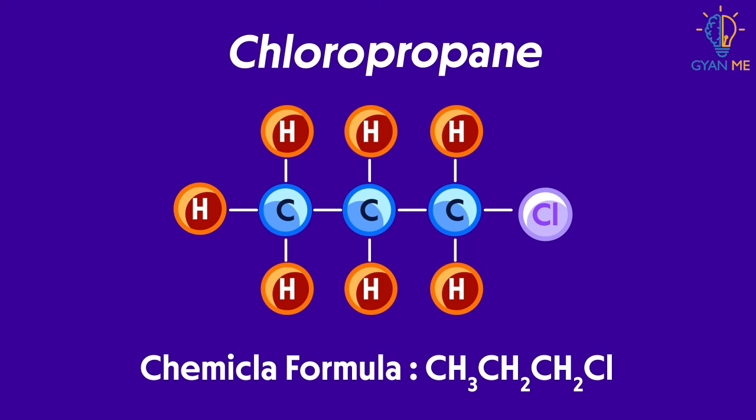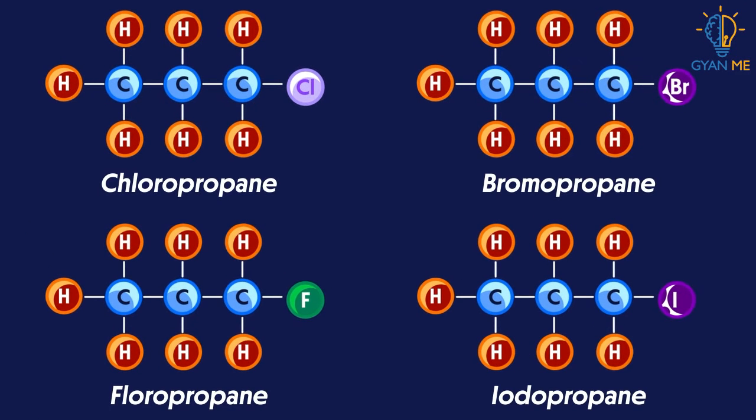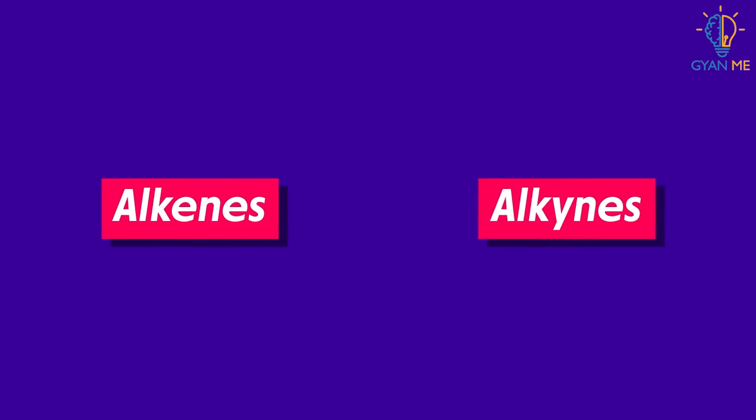So here it will be called chloropropane with a molecular formula of CH3, CH2, CH2, Cl, since one hydrogen is replaced by chlorine, and a structural formula like this. Now this is true for any other halogen atom. These elements can replace H atoms in alkenes and alkynes as well.